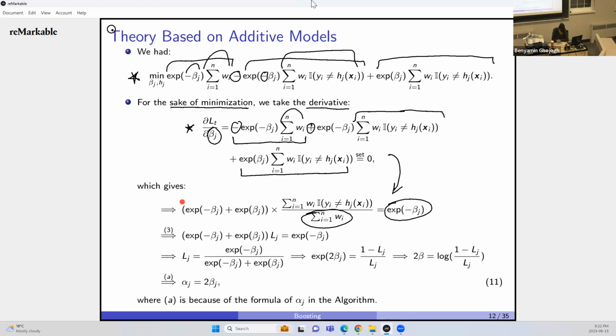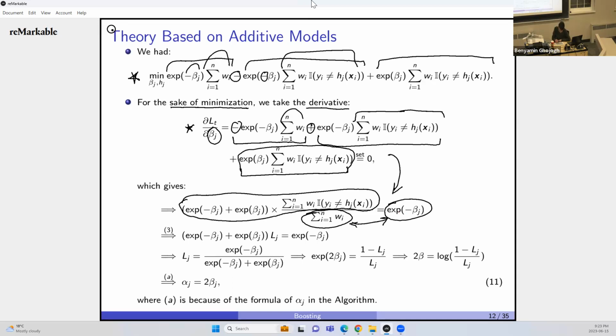And these two terms, I'm just factoring out summation of wi, indicator function of yi not equal to hj xj, right? So I'm just rearranging these to become this. If you multiply these two terms equal to each other and rearrange the terms, you will get this.